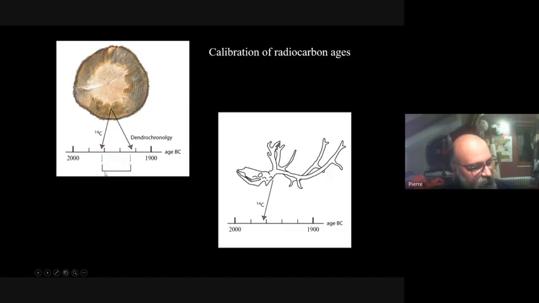When we have this gap, it is possible to apply it now to another sample where it is not possible to do the two different kinds of dating. For example, here we work on a deer skull, and we just have the C14 age because it's not possible to do the dendrochronology.